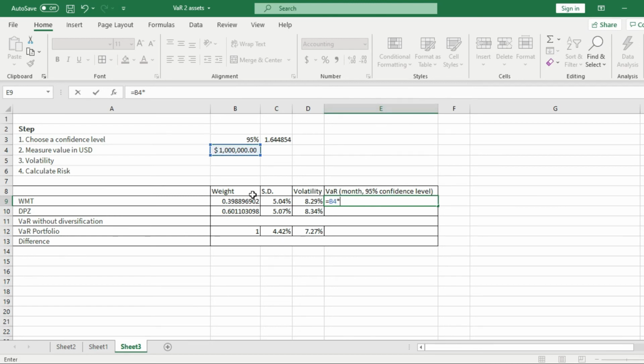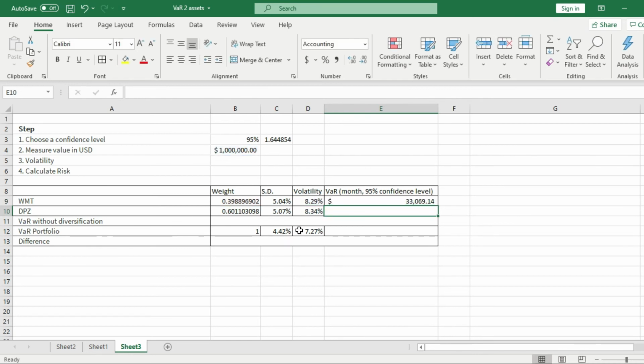So it will be 1 million multiplied by the weight multiplied by the volatility. The value at risk for Walmart, if we were only investing in one individual asset, would be $33,000 by month, at a 95% confidence level.